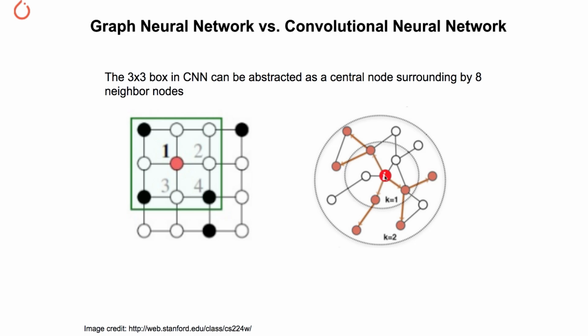So node I's embedding is basically aggregated from its 3 neighbors from the first layer, and then the 4 neighbors of the next layer, aggregated recursively to give you the embedding of node I. So that's why people say graph neural network and CNN are similar.